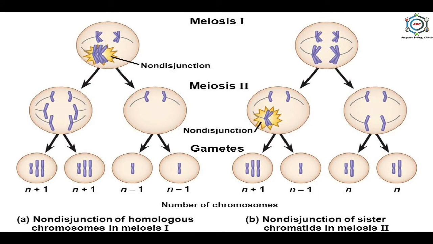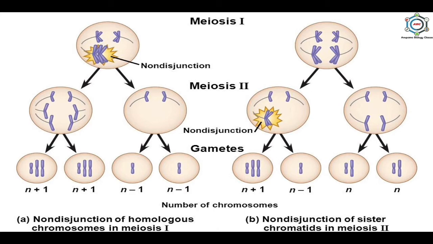Now, here you can see the non-disjunction in case of aneuploidy. So, an egg with two homologous chromosomes fertilized by a sperm with one homologous chromosome, maybe X or Y, will form an individual with three homologous chromosomes, that is the XXX condition or XXY in this case.